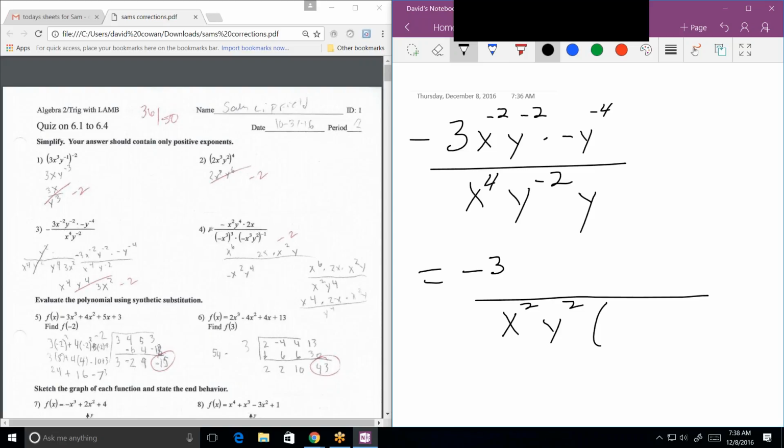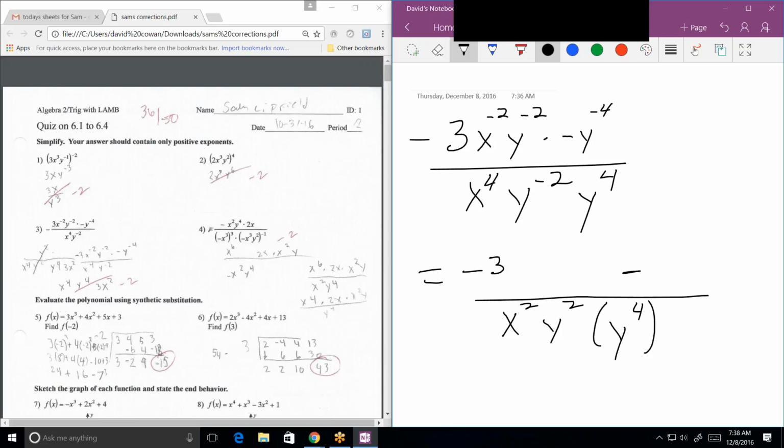So I'm going to bring the minus 4 down, but I'm going to leave the minus sign up there. Excuse me, I'm writing down here. Apologies. Now, I've still got a minus sign up here, right? Because that minus sign was not being acted on by the minus 4, so I don't move it down.